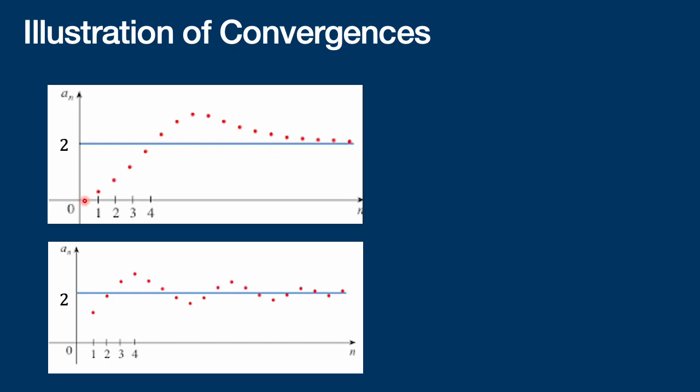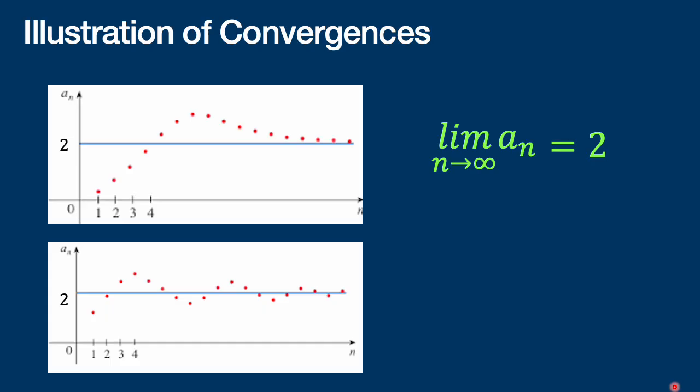Even though the sequence starts far away from 2, as we move farther along, the terms cluster around this value, guys. That means we say the limit of a_n is 2. Another way to say it: the limit of the sequence a_n is 2.